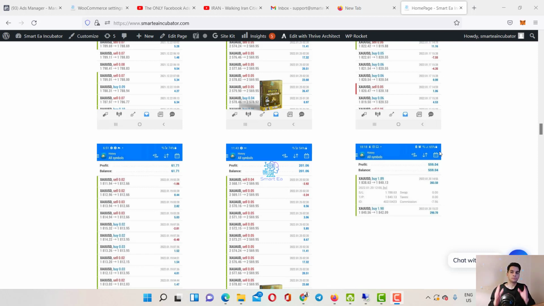So there are multiple types of expert advisors and trading robots. The first type is fully automated expert advisors that, as I said, analyze the market, take the trade for you and close them in profit, versus semi-automated Forex expert advisors that analyze the market, give you a signal, and then you manually enter the trade.